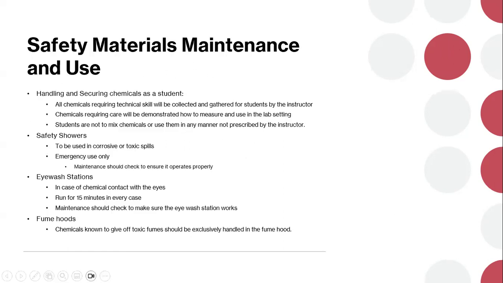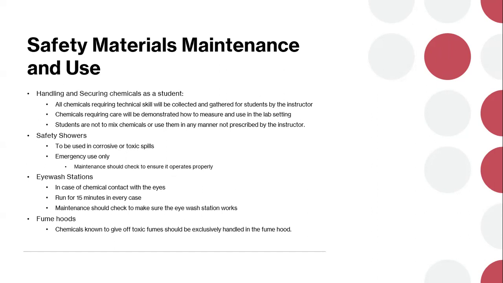All right, safety materials and maintenance use. As the instructor, I would recommend that you gather all the materials that could be hazardous for the students ahead of time and give them minimal requirement to be handling them unless the lab or work calls for it.